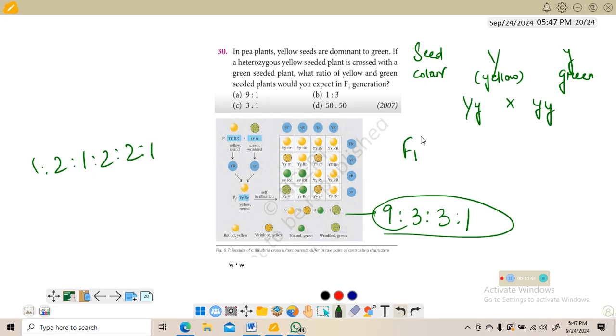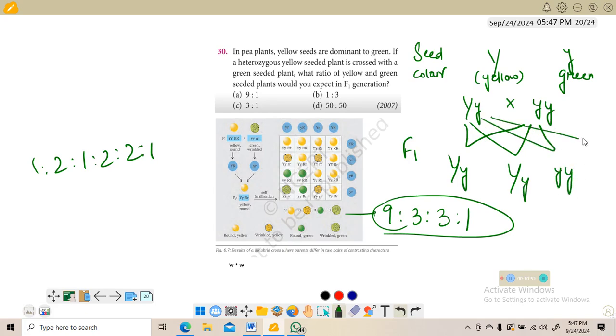So if we cross it, we'll get Yy like this, and here it will be y, here it will be y. So 2 are yellow and 2 are green.